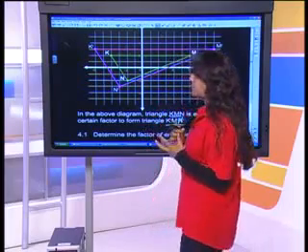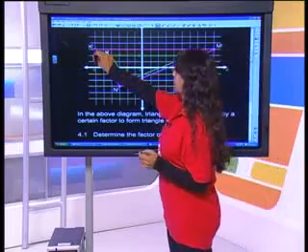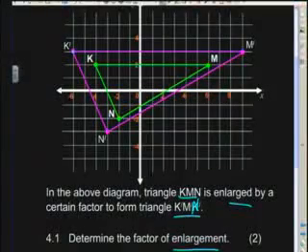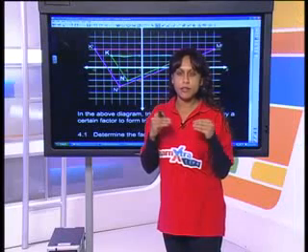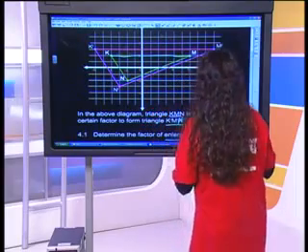What I'm going to do is use side K prime M prime, work out that distance, and divide it by the distance from the original K to M. So we take the new distance K prime M prime divided by the original distance KM, and then let's see what the enlargement factor is.